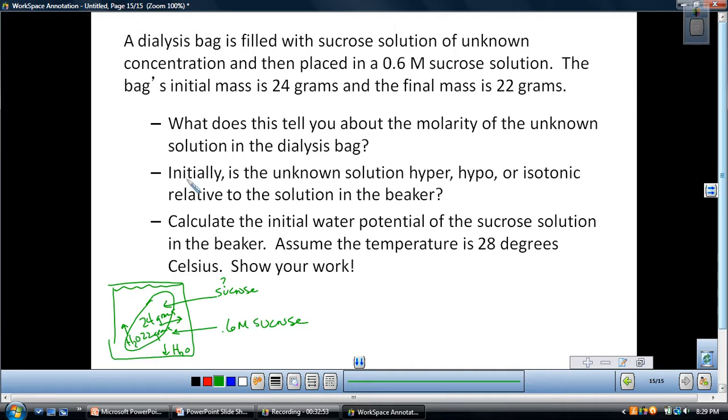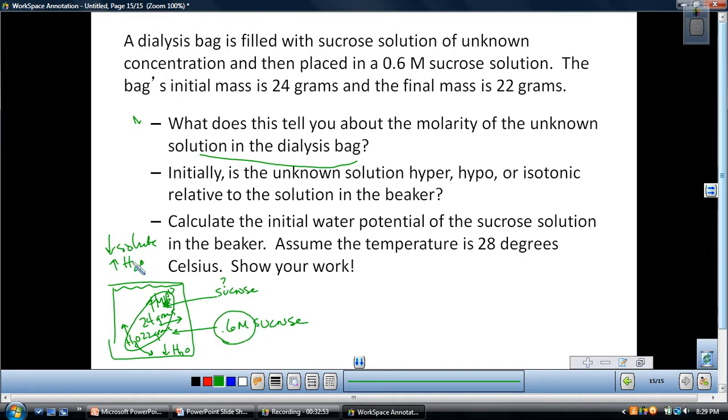So that meant that, if you look at the first question, what does that tell you about the molarity of the unknown solution in the dialysis bag? Okay, well, if water's going to leave and go from there out, that would mean that inside the bag was hypotonic. Hypotonic means less solute, more water. So I know that inside that dialysis bag would have to be less than 0.6 molar.